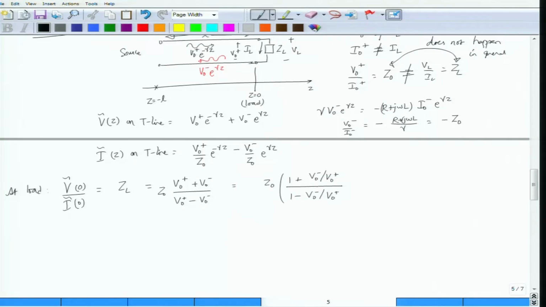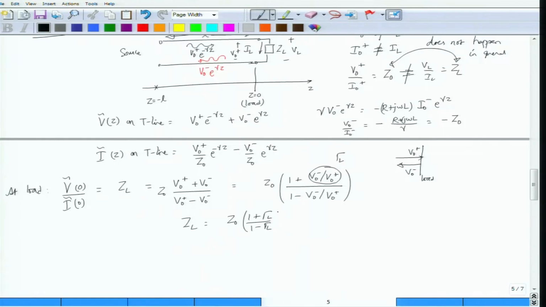Now, what is V0 minus? V0 plus is the incident amplitude, and V0 minus is the reflected amplitude at the load. So, at the load, V0 minus by V0 plus is the ratio of reflected to incident voltage, and this ratio is denoted by gamma L. This is the reflection coefficient as measured on the load, and that load is characterized by gamma L. So, ZL is given by Z0 into (1 plus gamma L) by (1 minus gamma L).